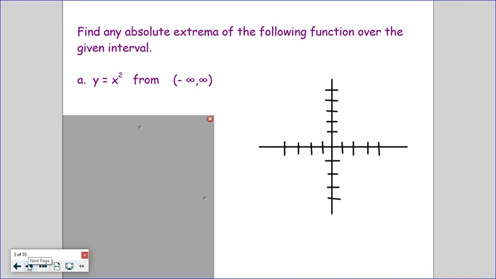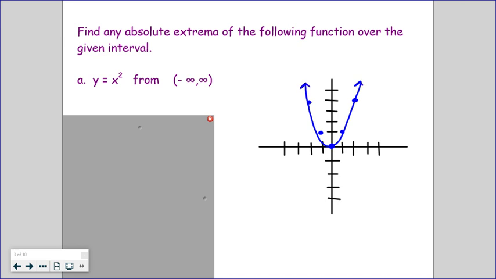If we look at that x squared graph, I know what that looks like. It's 0, 0; 1 squared is 1, 2 squared is 4; negative 1, 1; negative 2, 4. We're looking at that parabola right there.